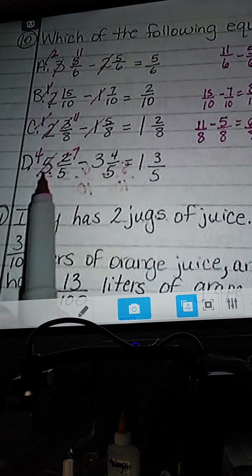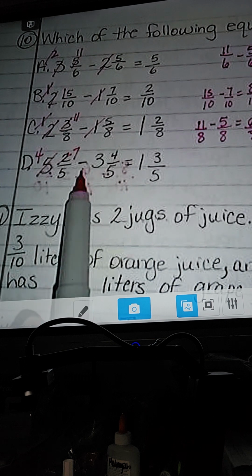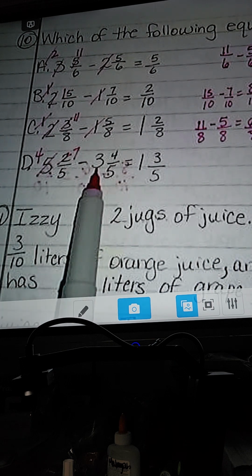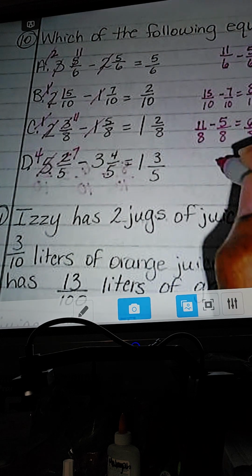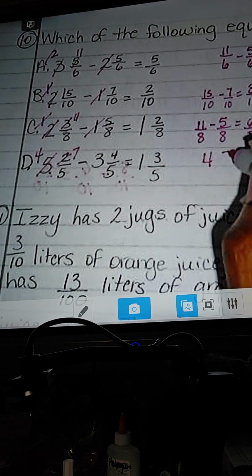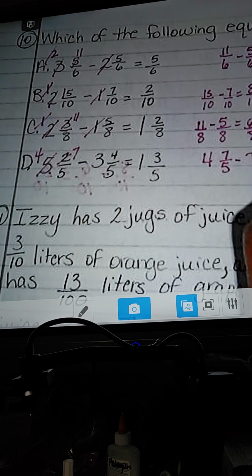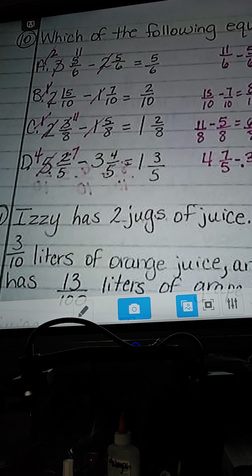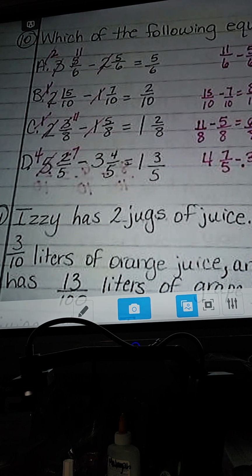So now I have 4 and 7/5 minus 3 and 4/5. What is 4 minus 3? 1. I'm going to rewrite it to make sure we're seeing it correctly. You said 4 minus 3 is 1. My denominator stays the same, and 7 minus 4 is 3.